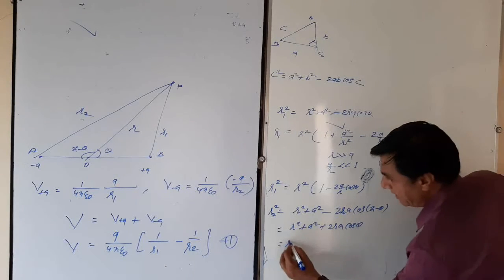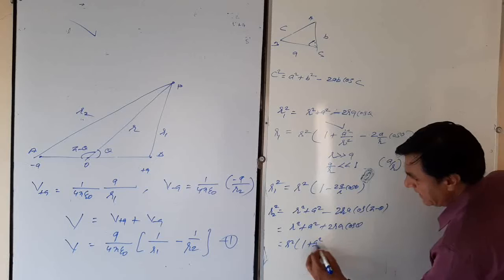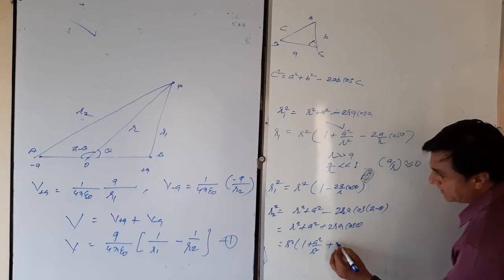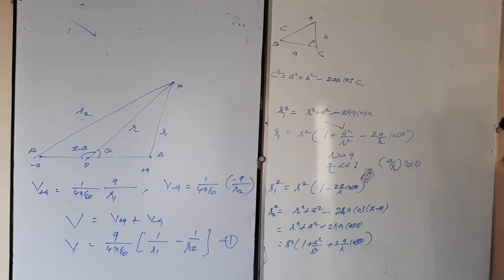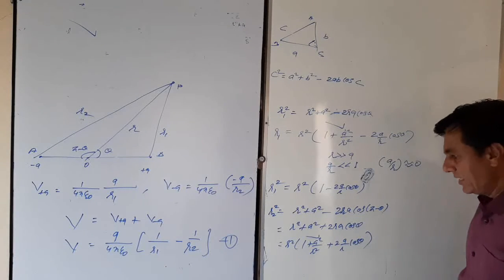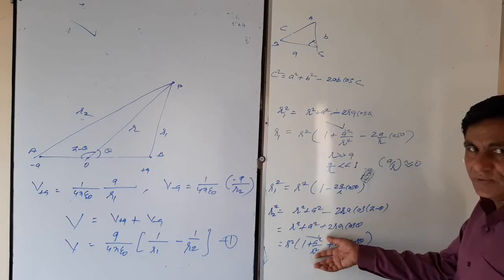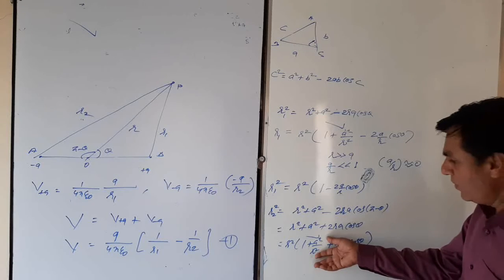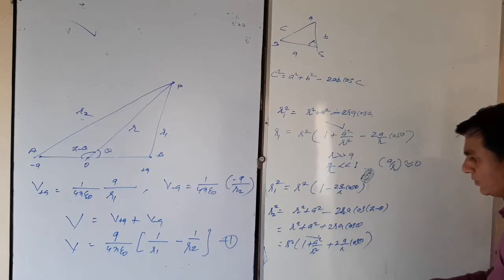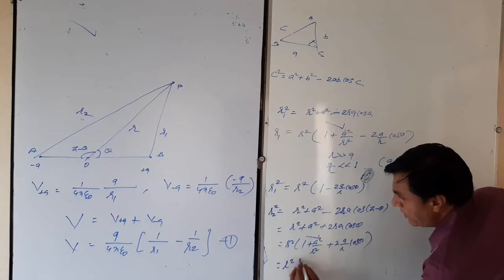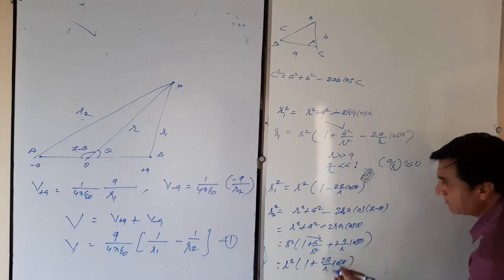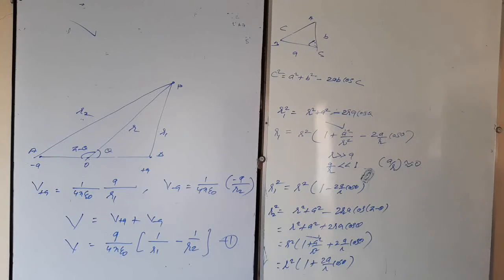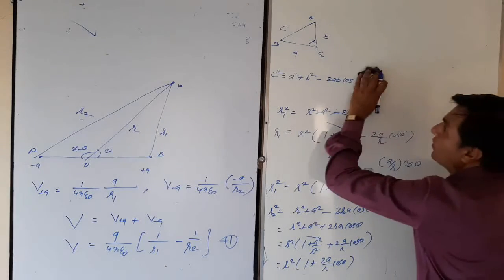Now you can take r square out: 1 plus a square by r square plus 2a by r cos theta. That a square term can be left because it is very small compared to the other two values. So R2 square is r square times 1 plus twice a by r cos theta. Now you can calculate 1 by R square.